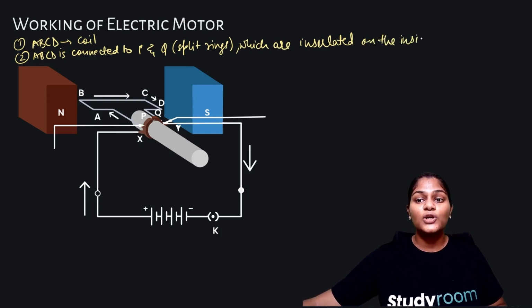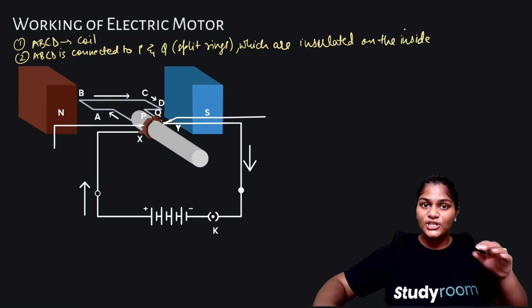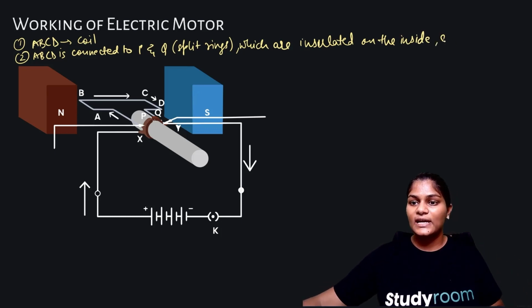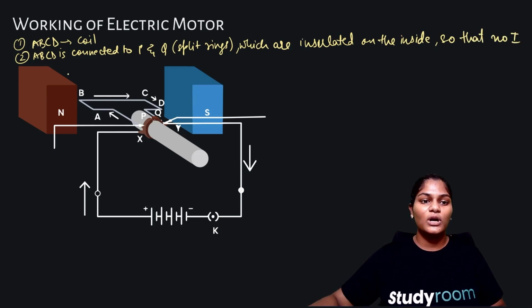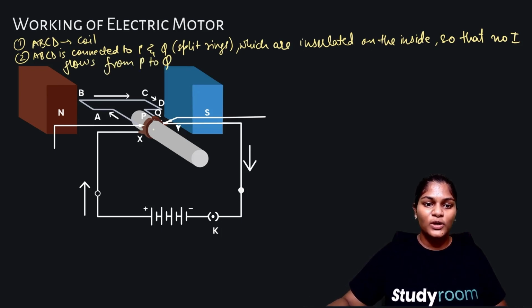On the inside means on the side which is touching the axle or the cylindrical object, right? On the inside, so that no current flows from P to Q.